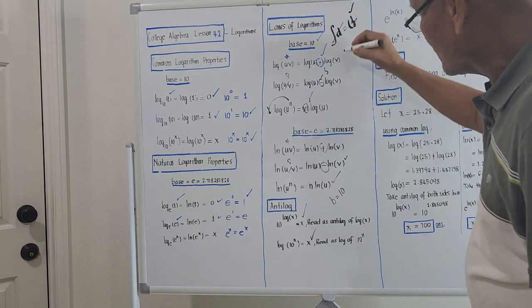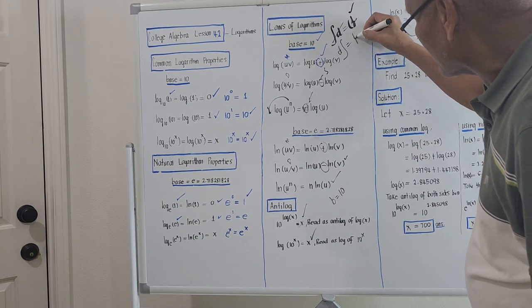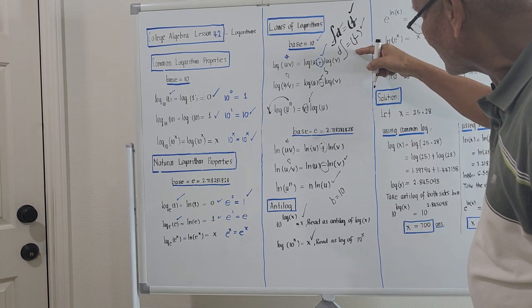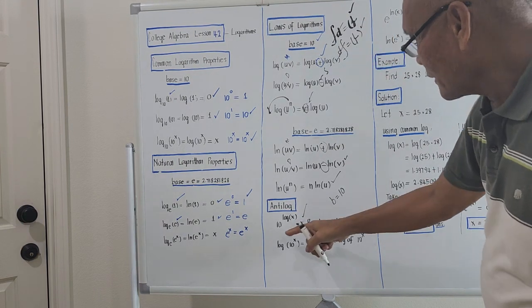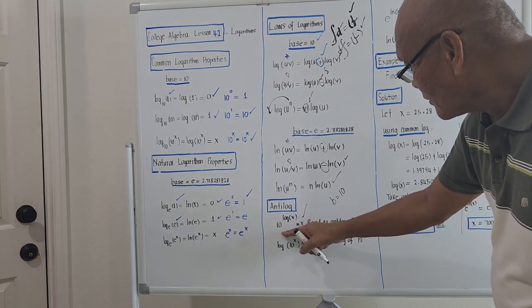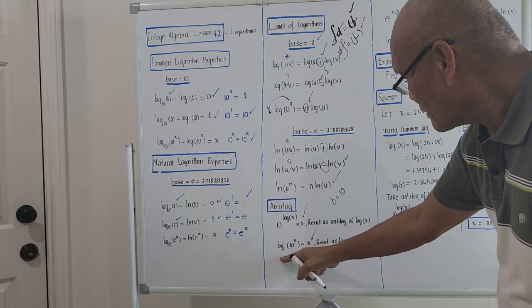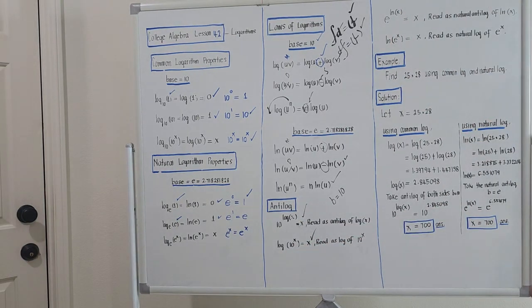Or the reverse of it, the differential of the integral of any given function is just the given function. It's just like this one here. The antilog of the logarithm of x will simply be x, and the logarithm of the antilog will simply be x. Okay? Under natural logarithm, it's the same.